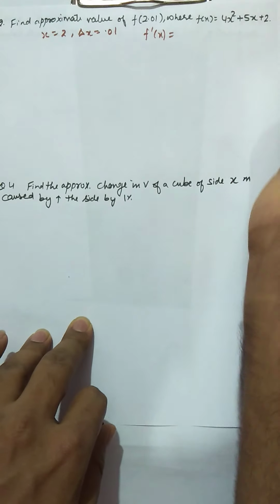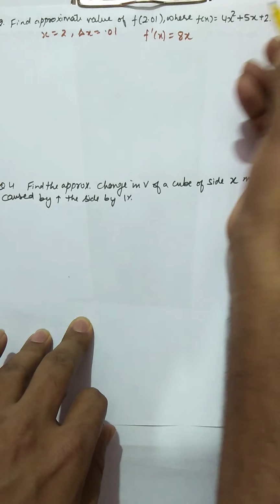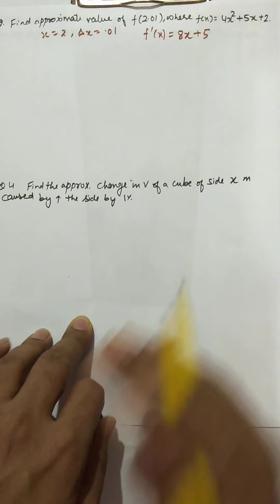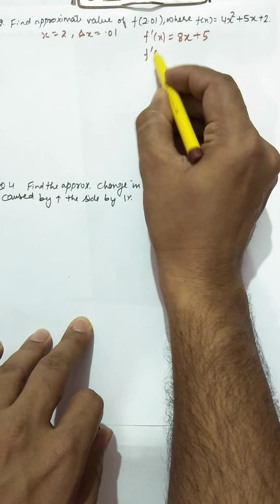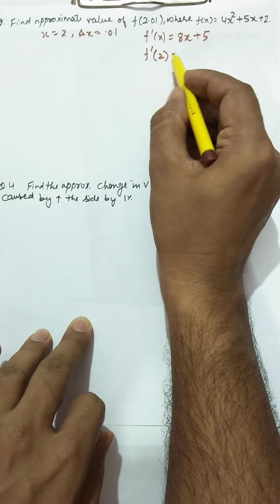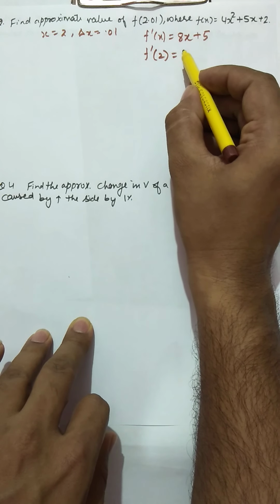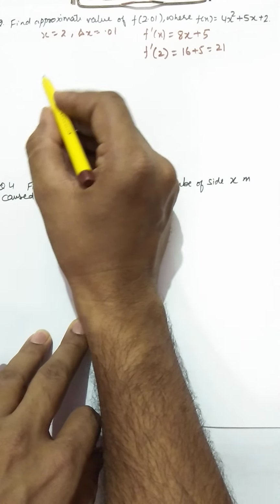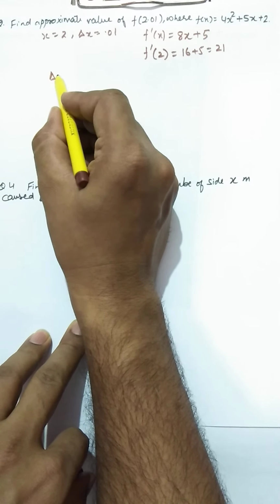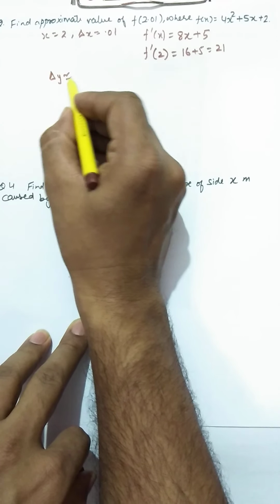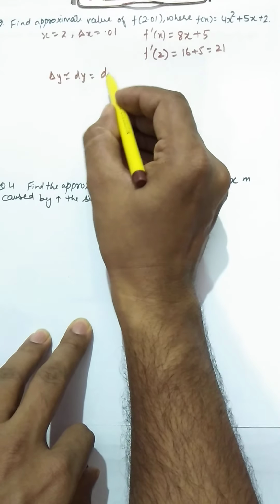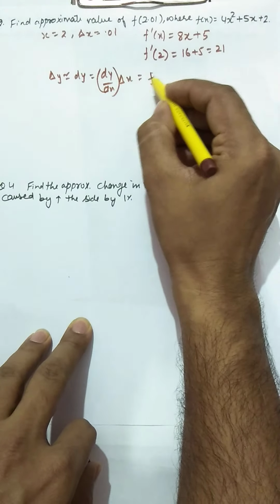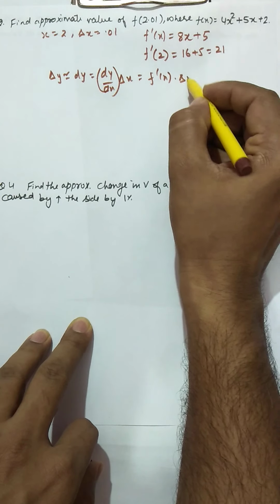And we'll find f'(x) also. f'(x) will be 8x + 5. So we put the value of 2, so it's going to be 16 + 5, and 16 + 5 is 21. Now we'll find delta y, or you can say dy, which is dy by dx times delta x, or you can say f'(x) times delta x.